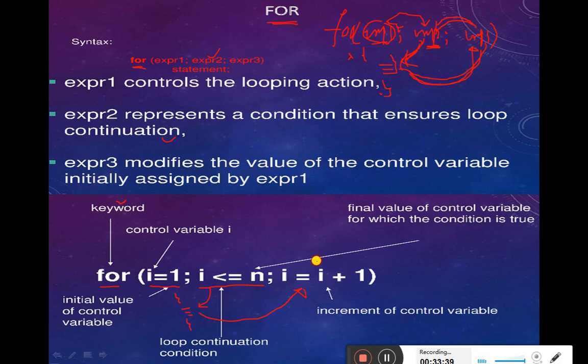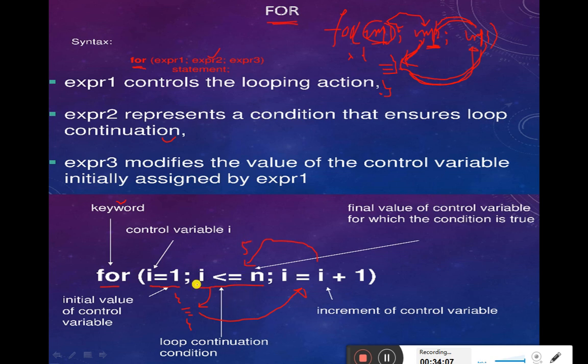After doing this, again we will go to the condition test. If this is true, again we will go for the body, then expression 3, which is an assignment statement that increments the control variable. We have initially set I equal to 1, and suppose I take n equal to 5, so how long does this loop repeat?